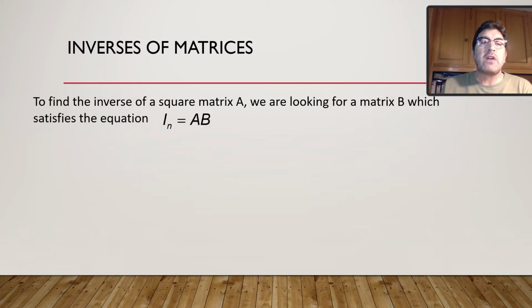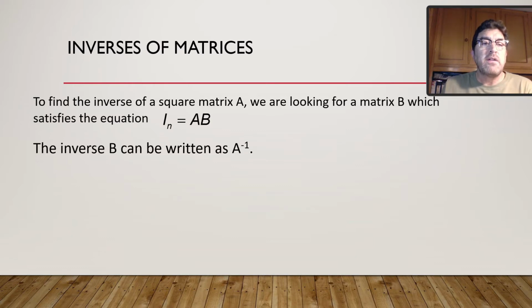So how do I find the inverse of a square matrix? Well, we're looking for a matrix B which satisfies that equation. The inverse B can be written, like in function notation, as A to the power of -1. That is just the notation when we talk about an inverse.